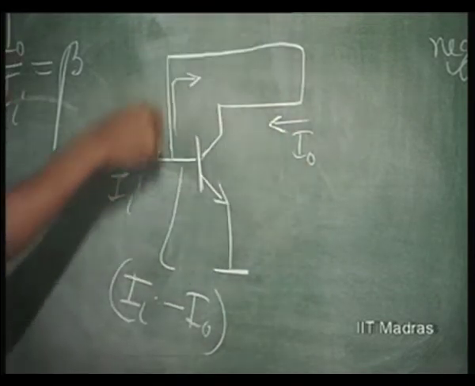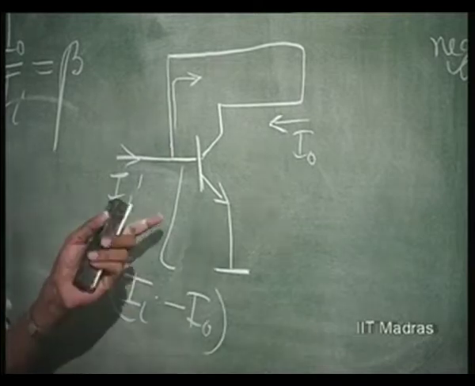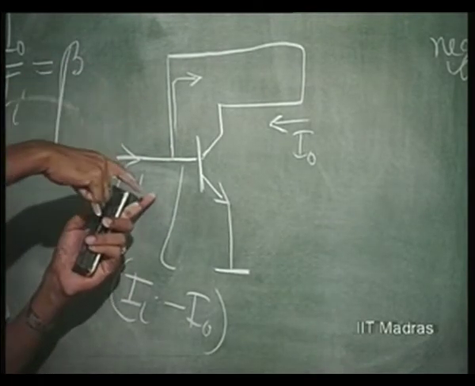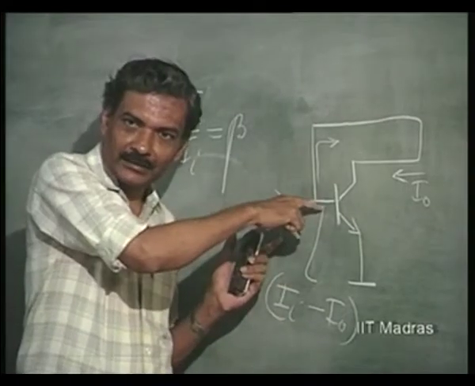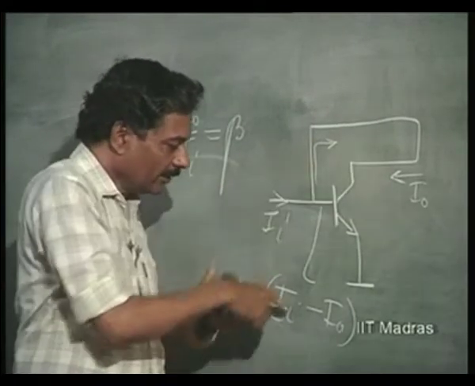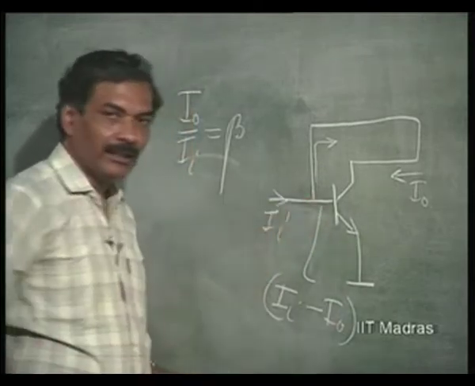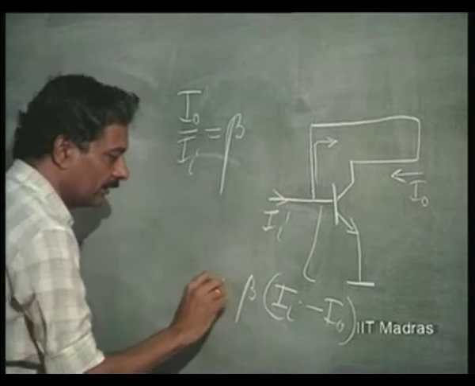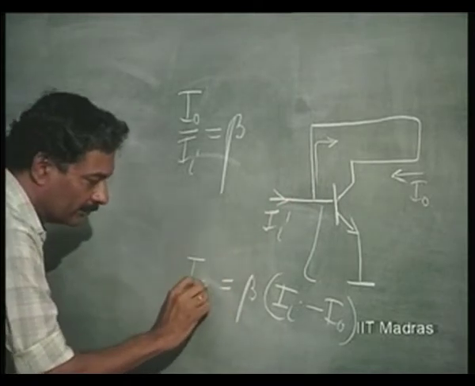Now, this current feedback is shunt. Instead of in series, the current feedback is always in shunt with the original current. So, Ii minus I naught is the error current. This into beta is equal to I naught.